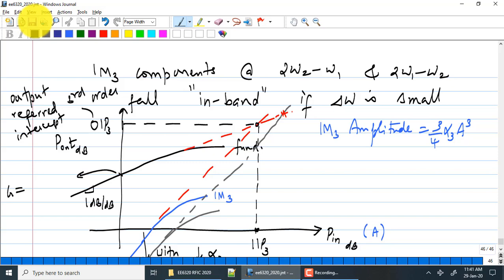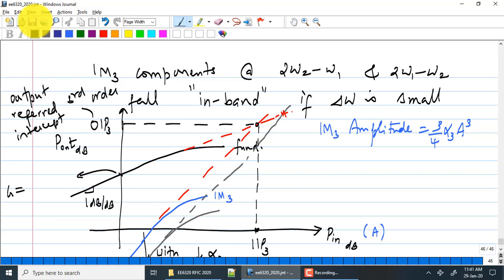Now you can see, if you had any narrowband circuit, an RF circuit, and you want to describe its nonlinearity, you will very specifically use this because the third order intermodulation component falls in band. You can choose either of the two amplitudes.